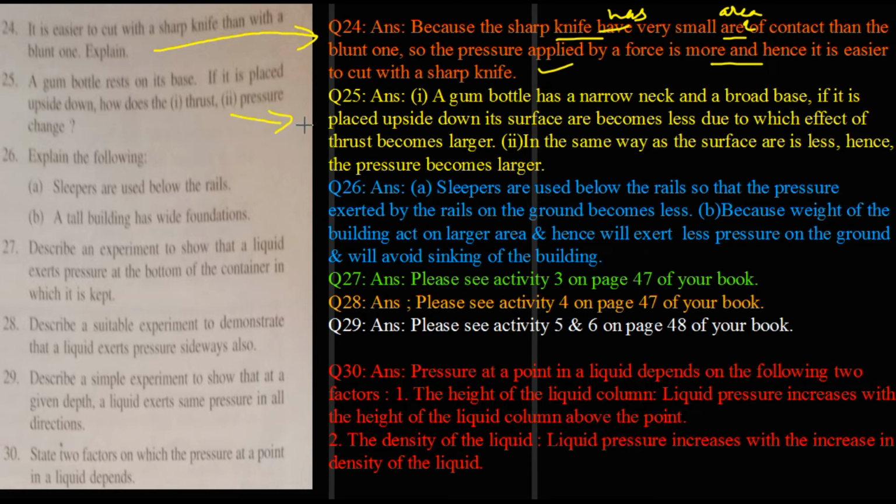Question 25. A gum bottle rests on its base. If it is placed upside down, how will the thrust and pressure change? A gum bottle has a narrow neck and a broad base.